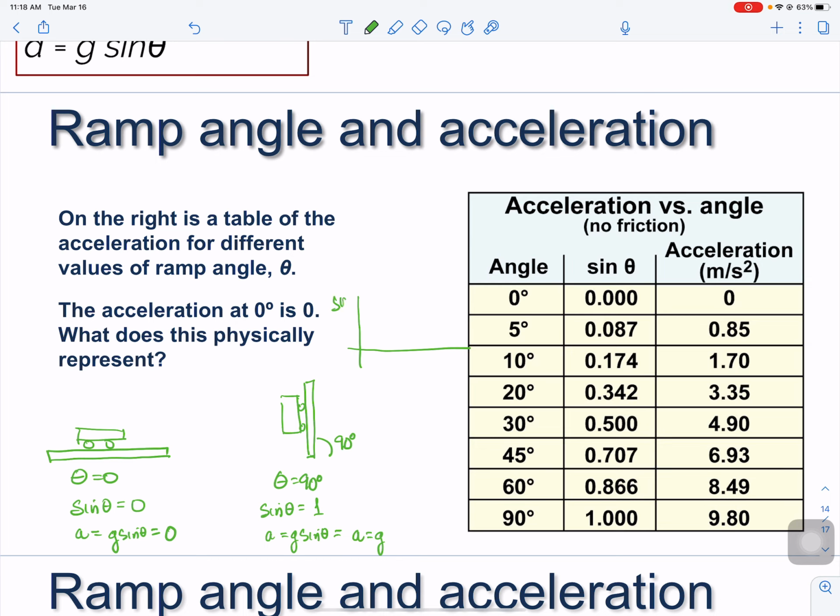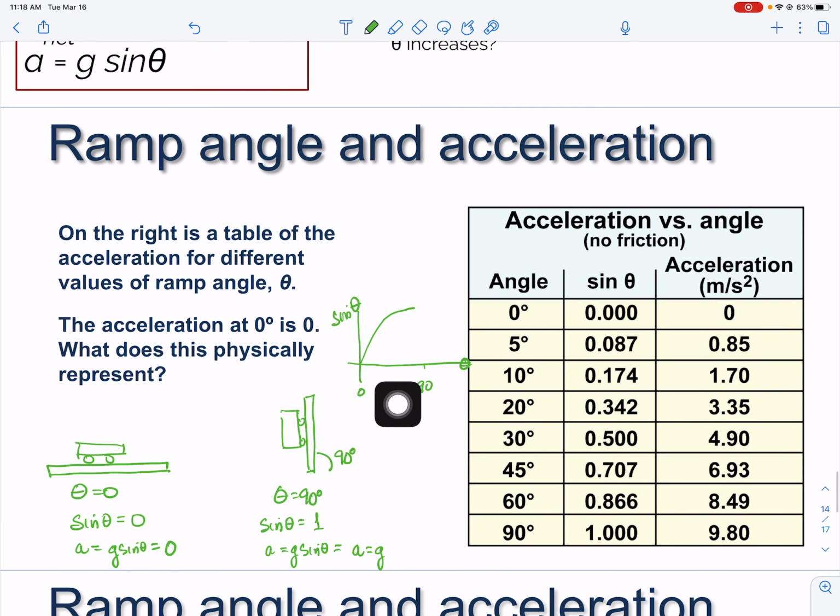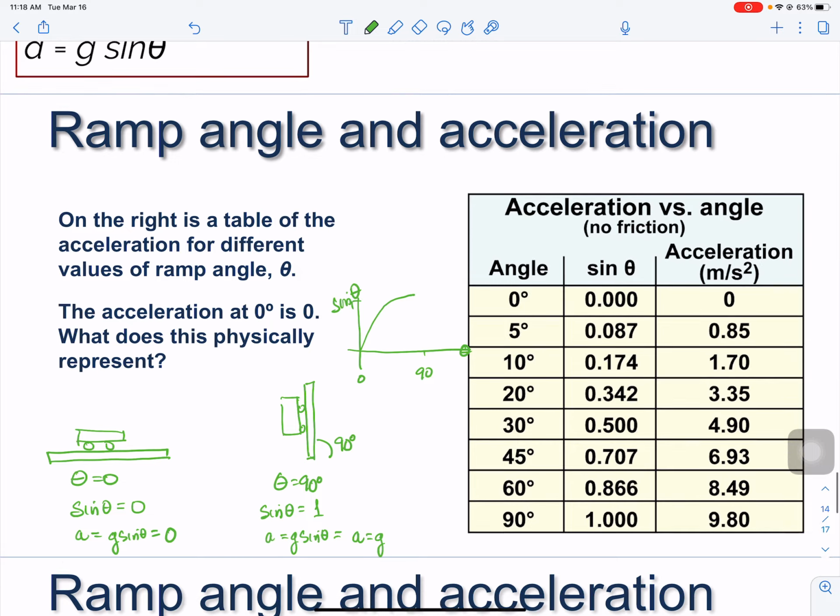So we've got sine of theta, and theta over here, this is 0, this is 90. You know what a sine curve looks like. It goes like that. And so as the angle increases from 0 to 90, the value of the sine of theta goes from 0 to 1. And so that's why the acceleration increases, because it's a function of sine.